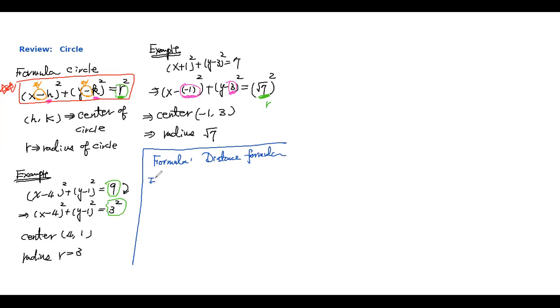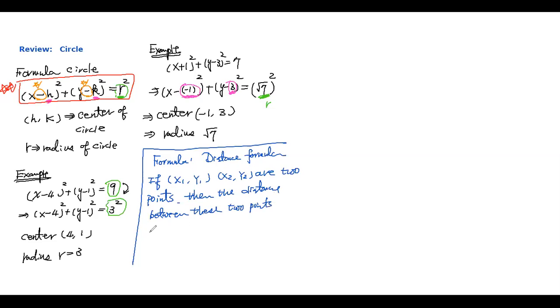That means if you have x1, y1, and x2, y2, those are the 2 points, then the distance between these 2 points, we say the distance here.